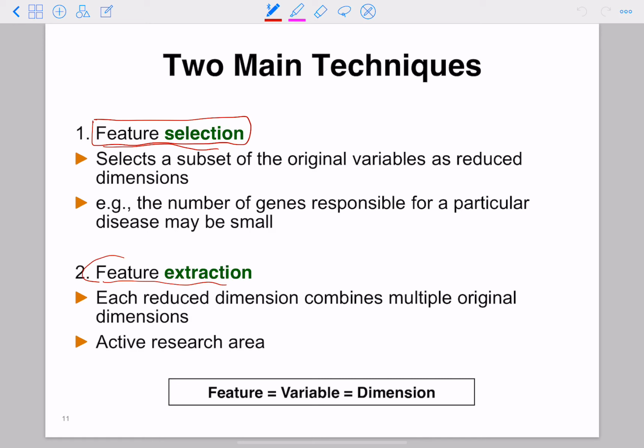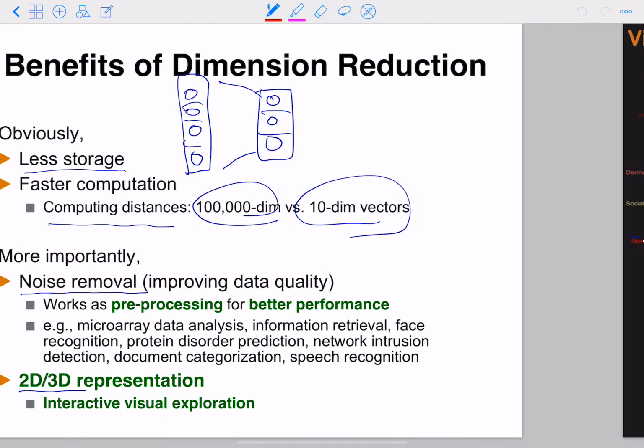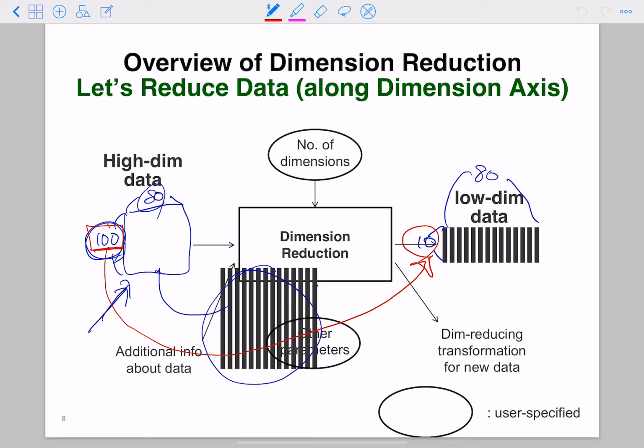And now the next one is called feature extraction. In feature extraction, each reduced dimension involves in general all the original dimensions. So here it's maybe height and weight, and the first dimension is formulated as maybe weight minus height plus 100.